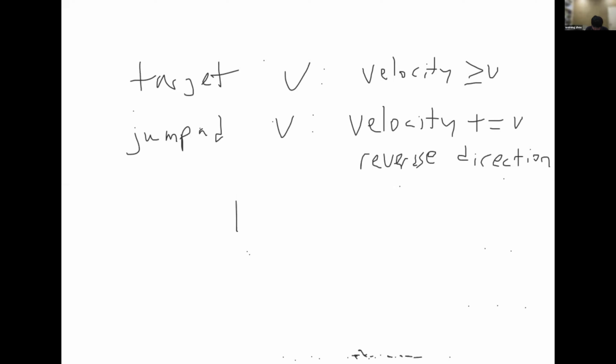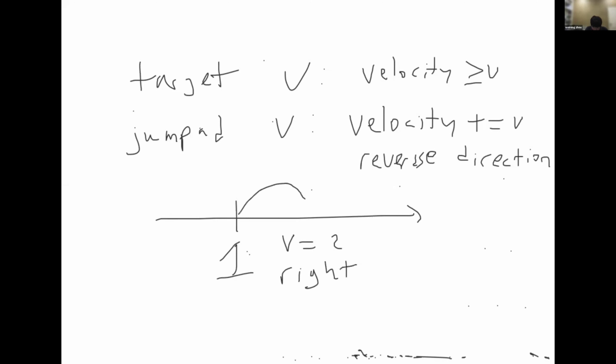For instance, if Bessie the cow is currently on position one with a velocity of 2, and she is facing to the right, then after one jump, she's going to end up at position 3. She'll increase her position by the amount of her velocity in a specific direction.